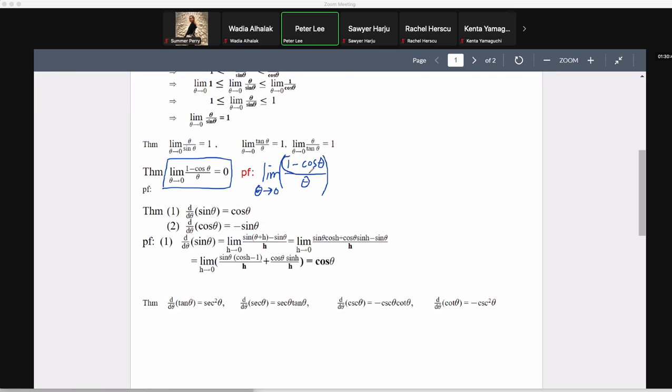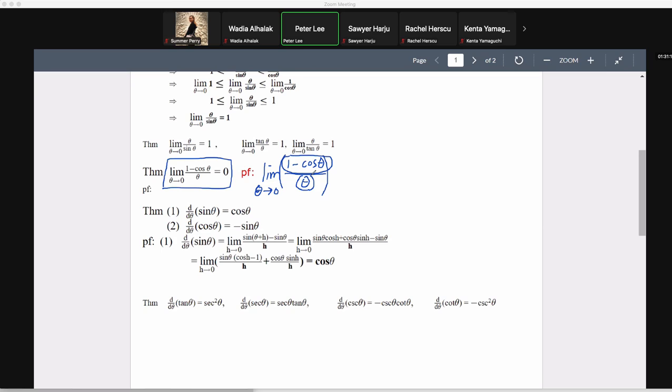Now note that 1 minus cosine theta is a continuous function of theta, and theta is, of course, a continuous function of theta. Practically all the functions you have studied so far are continuous: polynomials including linear and quadratic, rational functions, radical functions, log functions, even exponential and trig.